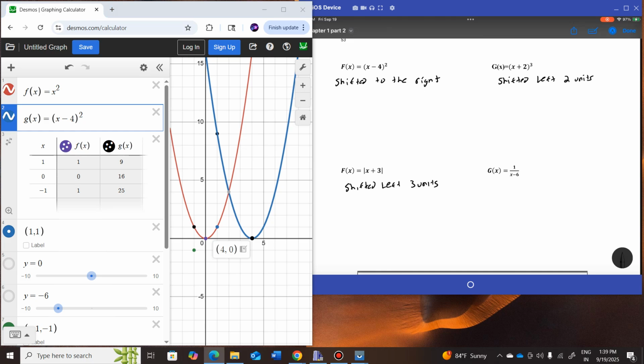Alright, so with each of these, we can take some of these points. The first one, 0, 0, gets shifted to 4, 0.